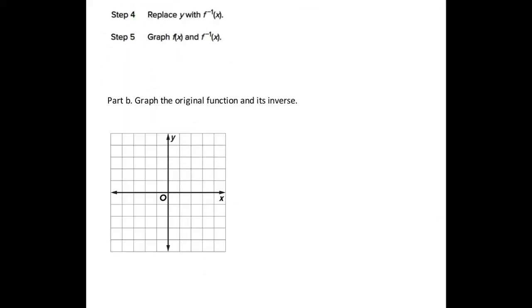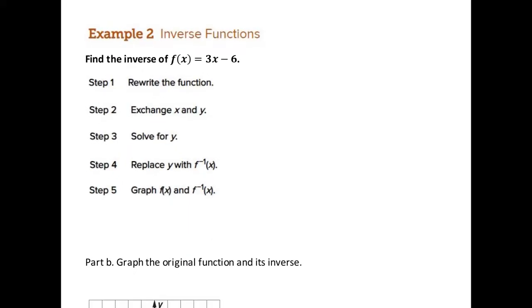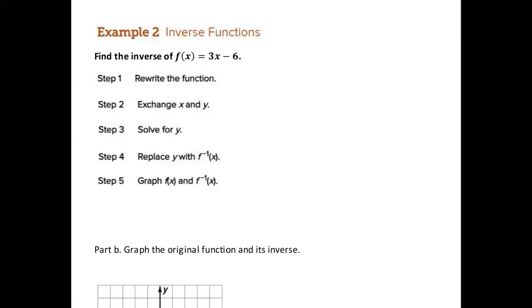Go to the top of page 9. So the top of page 9 says we want to find the inverse of this function. So f of x, another way to write that is just to call it y. All right? So we're going to rewrite that function instead of the f of x. We're just going to say y equals 3x minus 6.